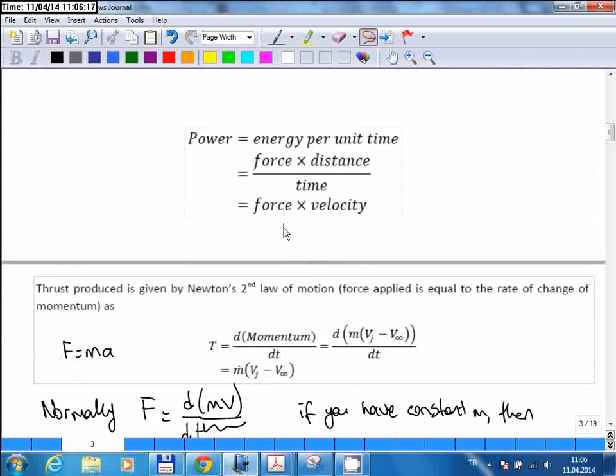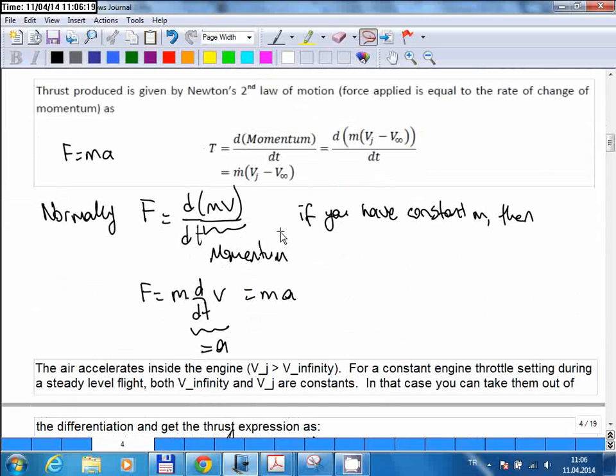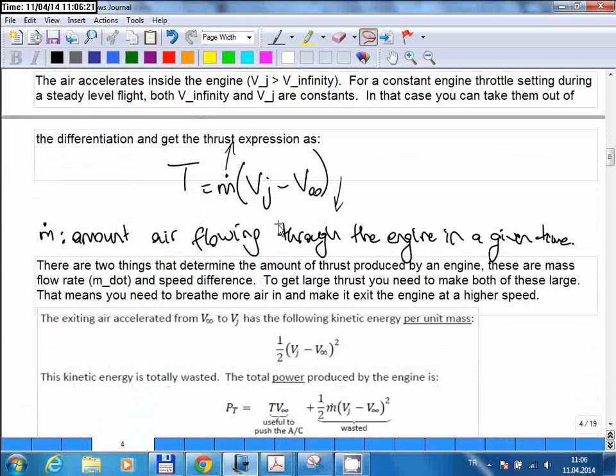Now let's take a look at how much energy we actually lose into the atmosphere.